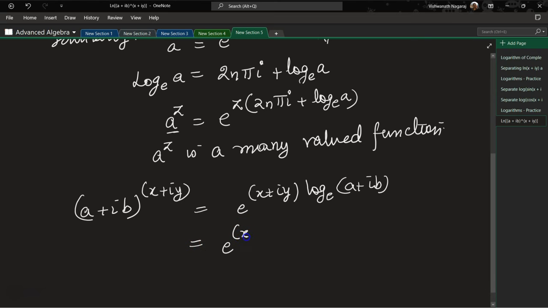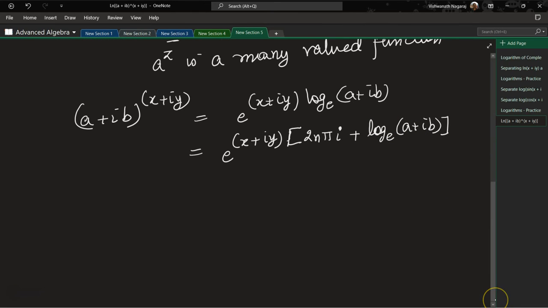In general, what will it be? (x plus iy) times (2n pi i plus log e of (a plus ib)). I just added the 2n pi i part.